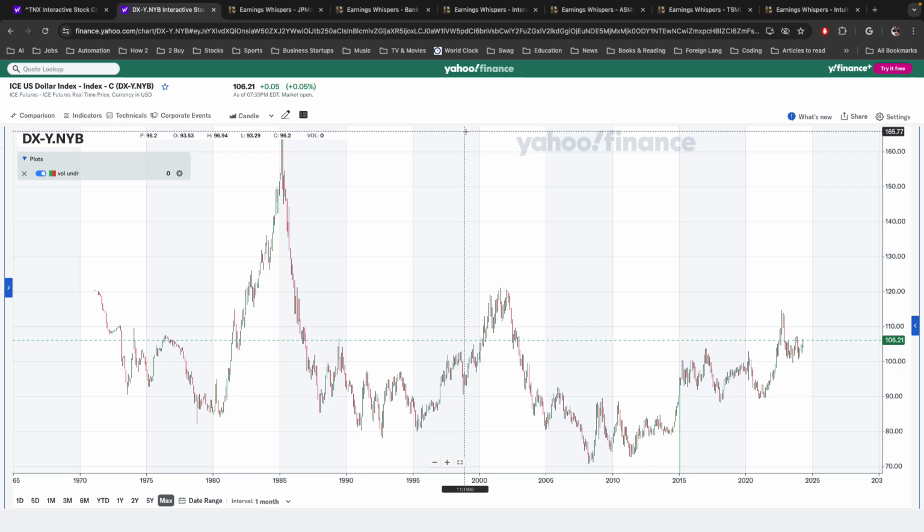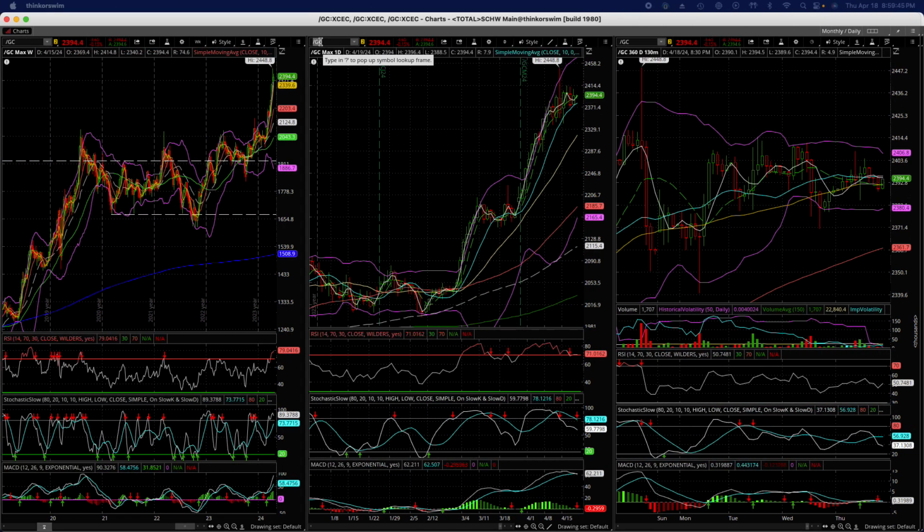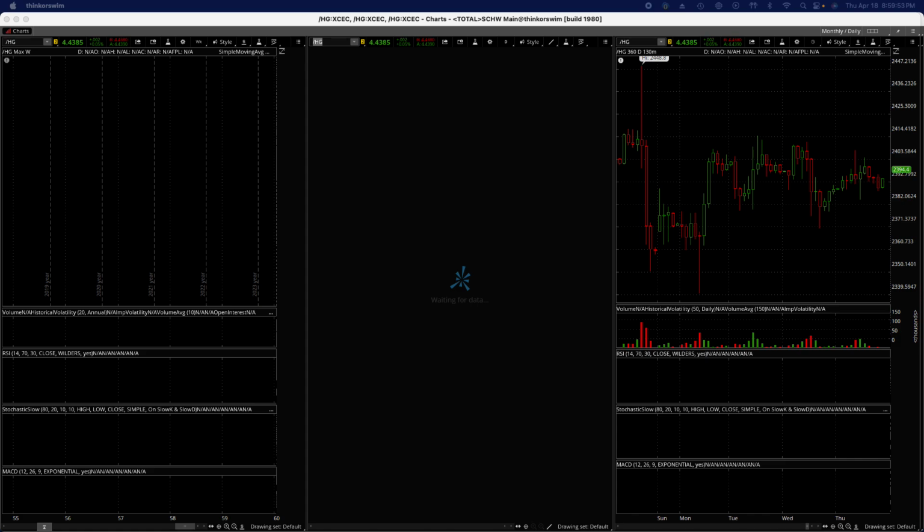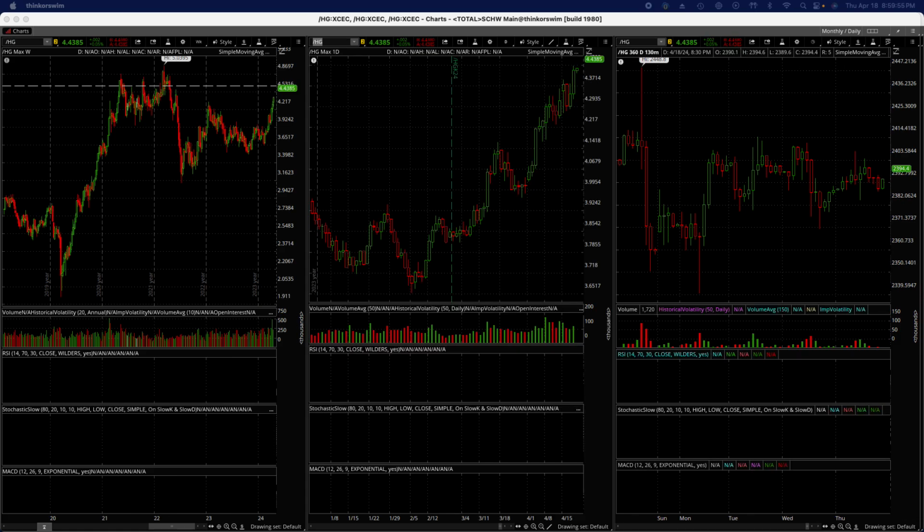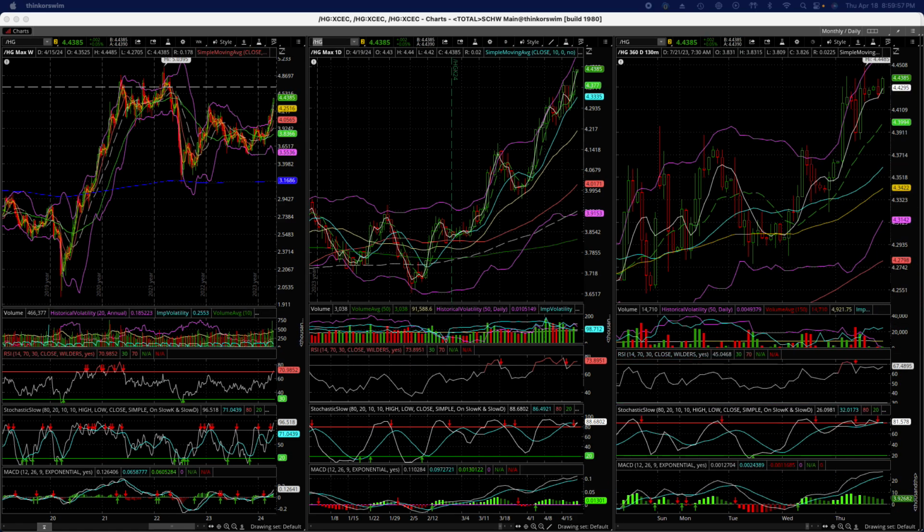Next thing we're going to take a look at is copper. With copper, we have the electrification of everything. EVs are coming online across the world. China is a massive market for EVs, along with Europe and the US. As more people buy EVs, we're going to need more copper for the EVs themselves, for the charging stations, and to distribute electricity across the grid.